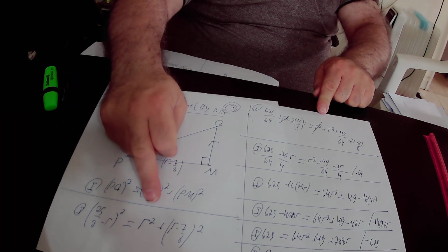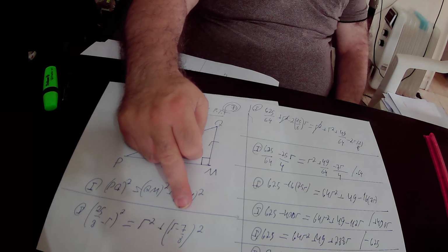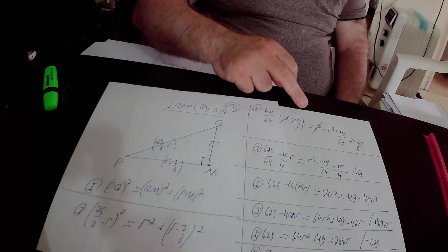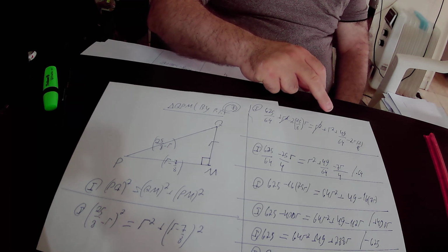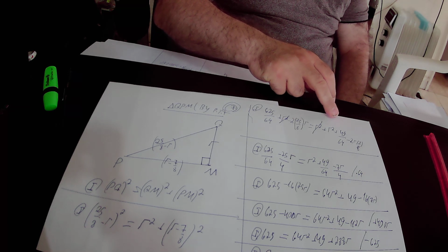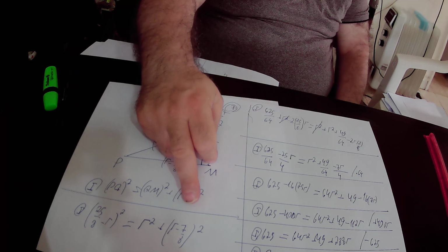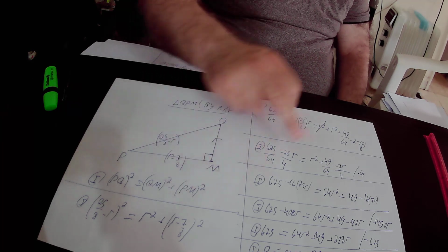And it is equal to R square plus R minus 7/8 square. R minus 7/8 square equals R square plus 7/8 square, that is 7 square, that is 49, over 8 square, that is 64. So in conclusion, 7/8 square equals 49 over 64 minus 2 times R times 7/8.